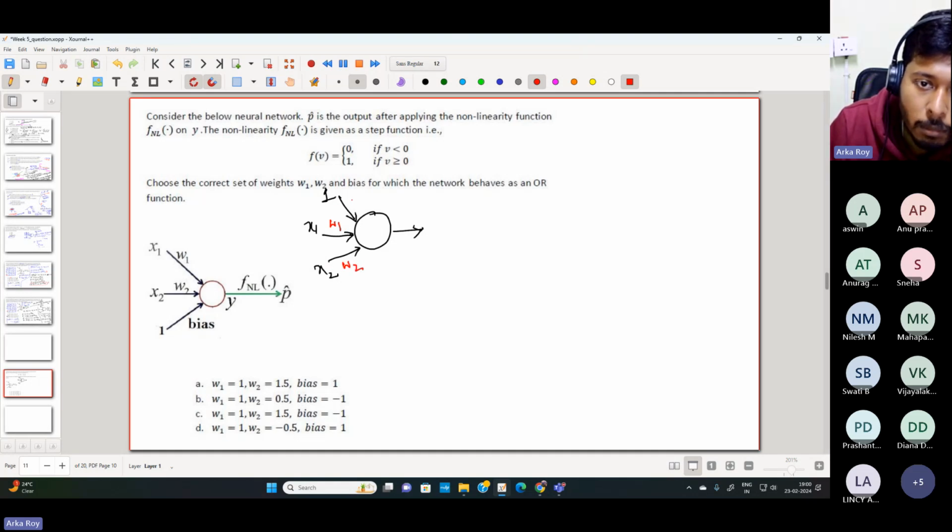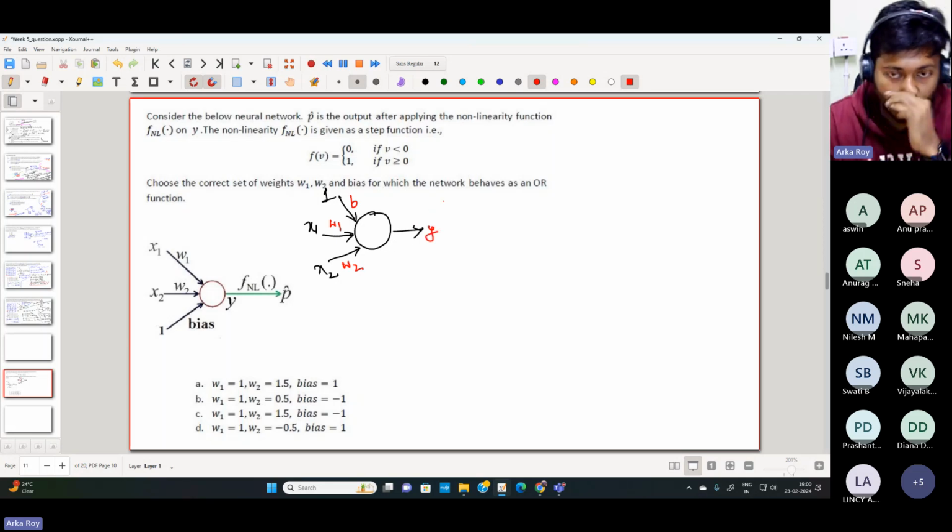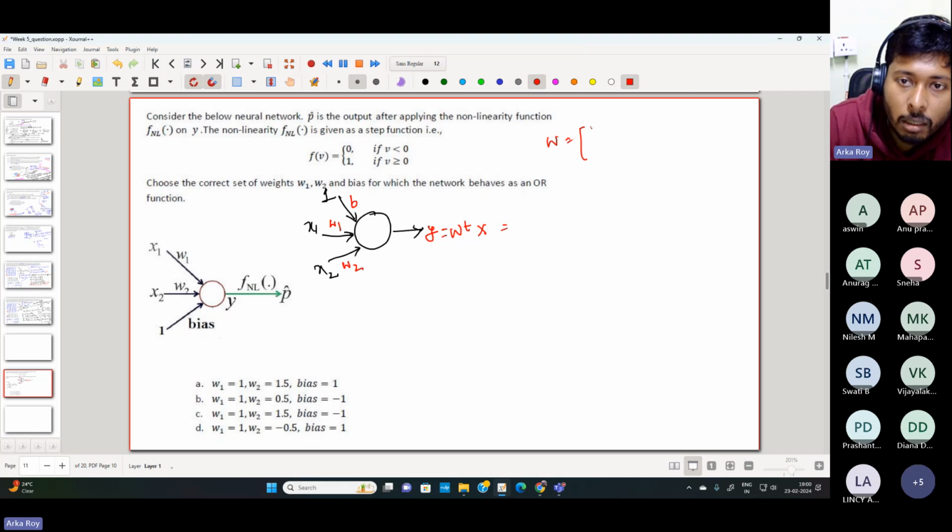And for the bias term, the weight will be B. Now, if you compute the output Y, it will be W transpose X. Now, your W looks like B, W1, W2, and your X will look like 1, X1, and X2. Okay, so with this particular convention, let me solve.